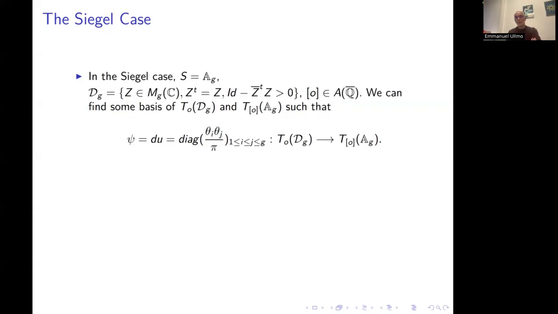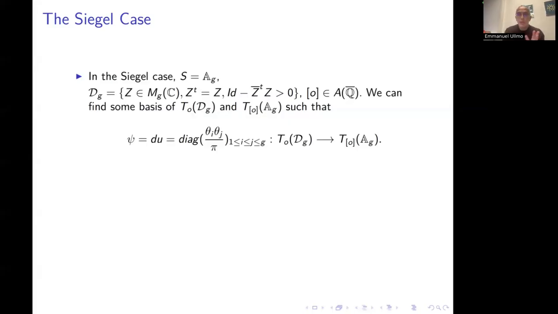And in this situation, you can find some basis of the tangent space at the point above the CM point, to the tangent space to A_g at the CM point, and it's just given by a diagonal matrix with entries theta_i, theta_j divided by pi.